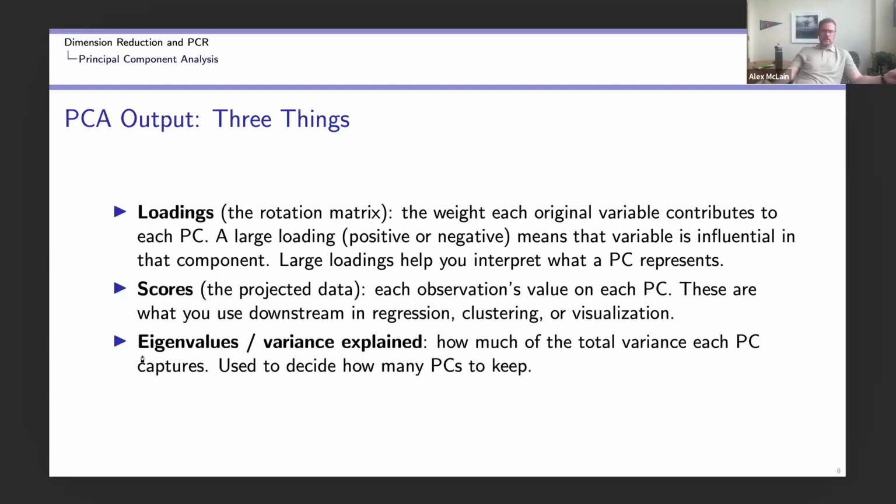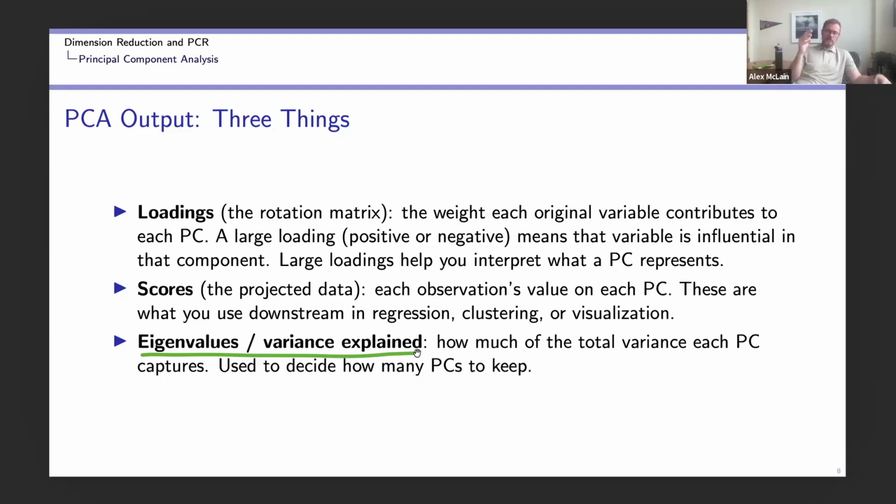Eigenvalues and variance explained. These are information that are going to help us determine how many principal components we should keep. Now, usually when you're using this for visualization, people keep 2. But when we're doing a downstream analysis, it's a bigger question of how many do we need to keep to ensure that we've explained the data well enough.